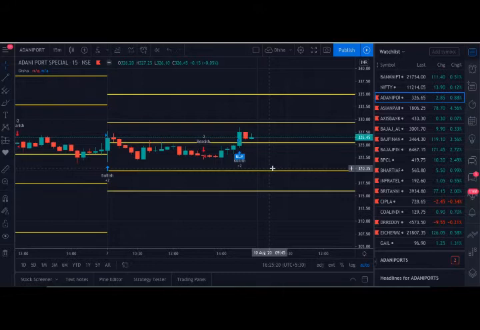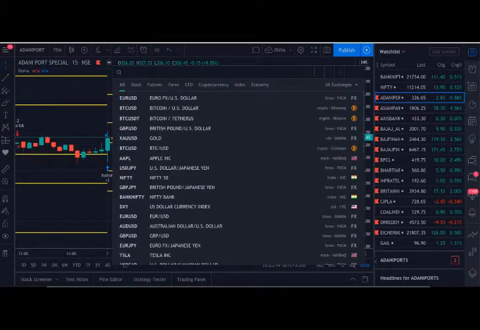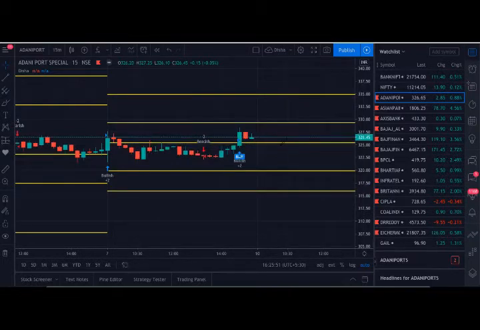Firstly, here is the chart of Adani Ports of the last day. Here you can say that the stock is bullish in the first candle of yesterday.